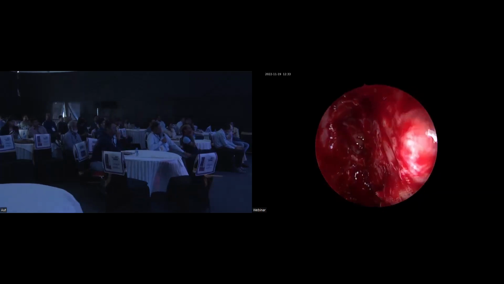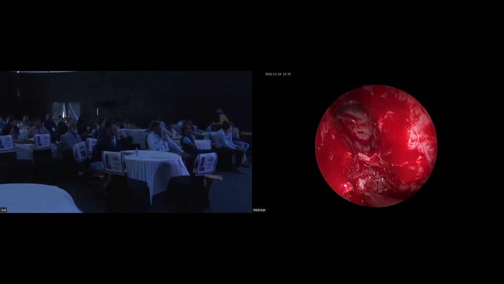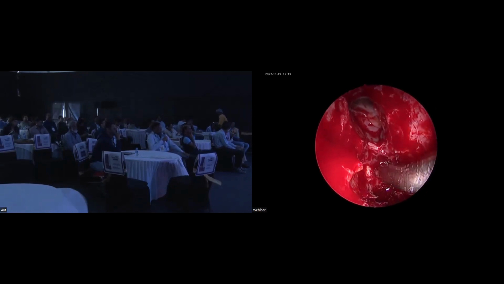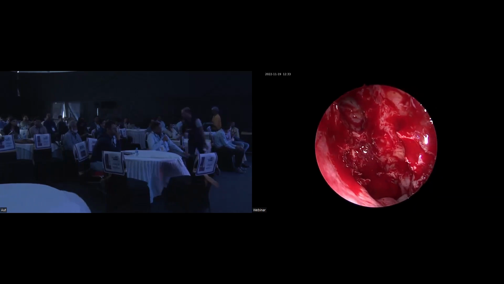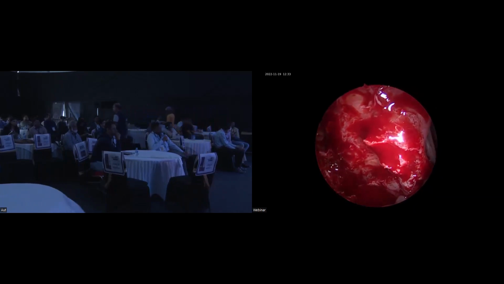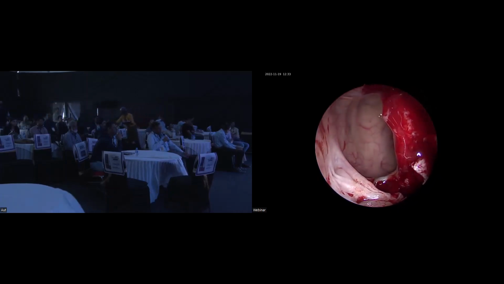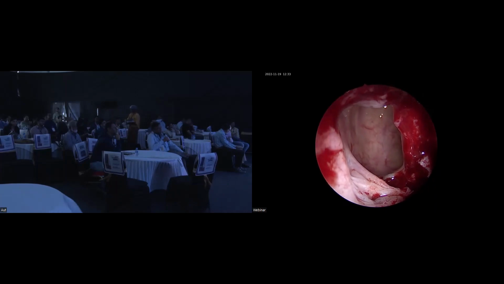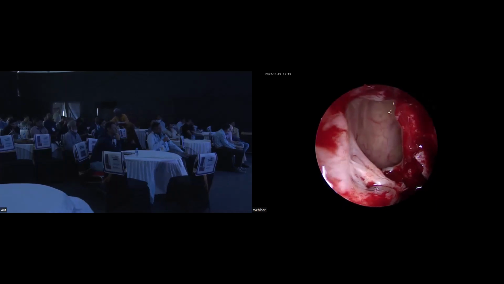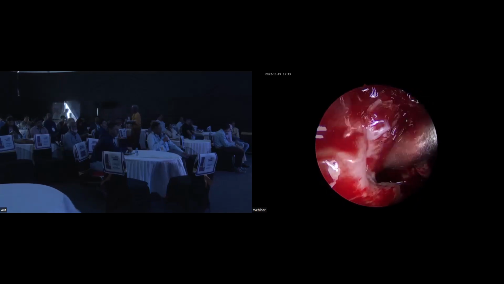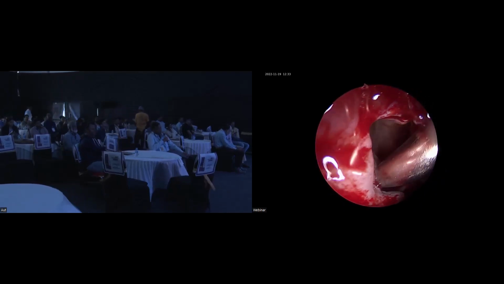We'll clear that also. See now, once I'm seeing the frontal, you rotate the light cable 90 degrees, and you can see the whole of the maxillary sinus. I need to clear all that disease. With the 70 degree scope I'm clearing this area of the maxillary sinus.